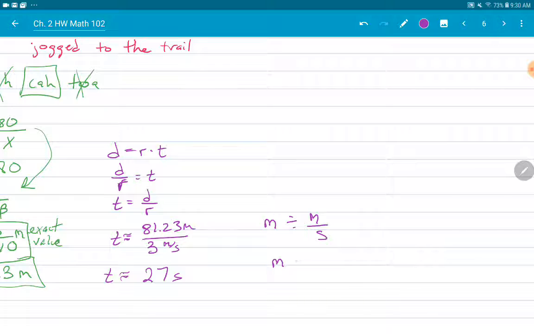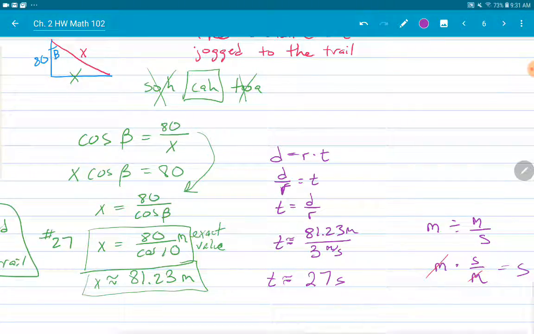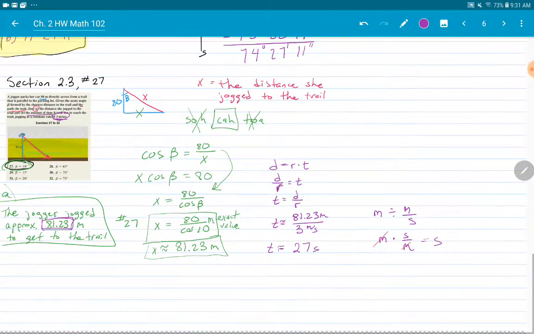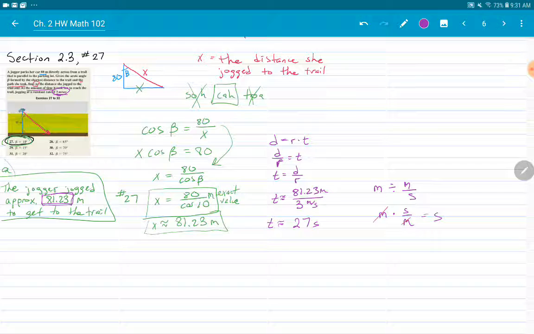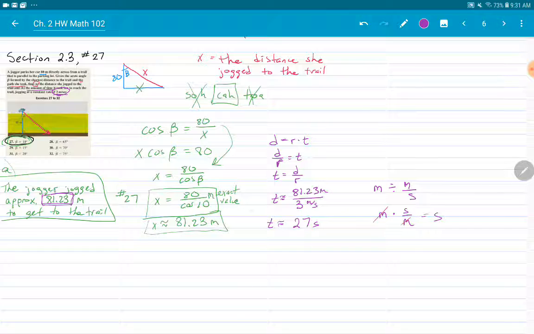So division is flip the second and multiply, and that's how you can see that the meters will actually cancel out, and I'm left with just seconds, which gives me the time. Okay, so that is B. So she took approximately 27 seconds.